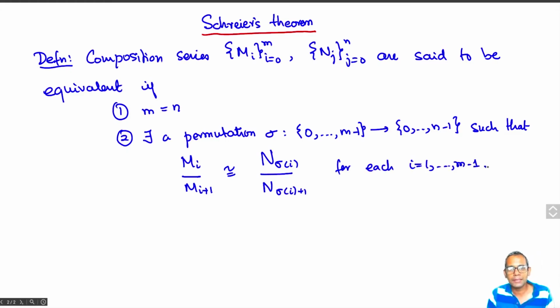So two composition series are equivalent if their quotients are the same.